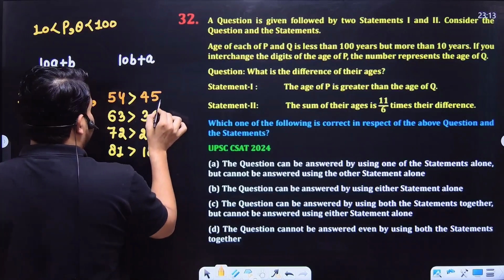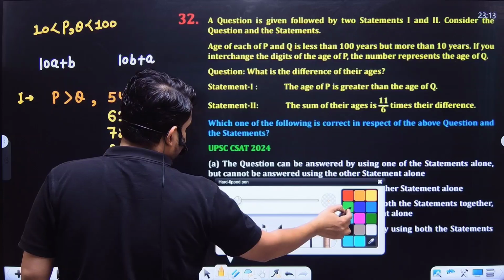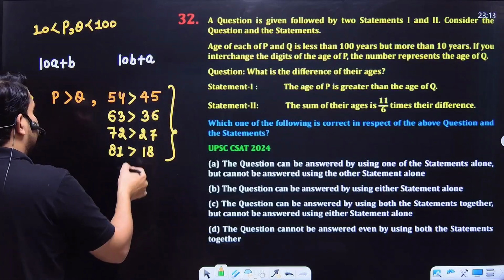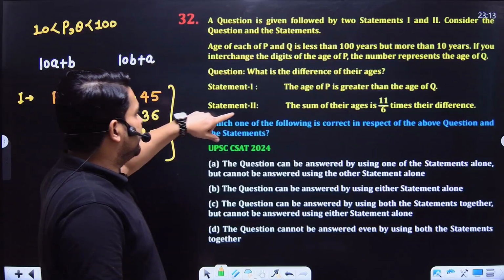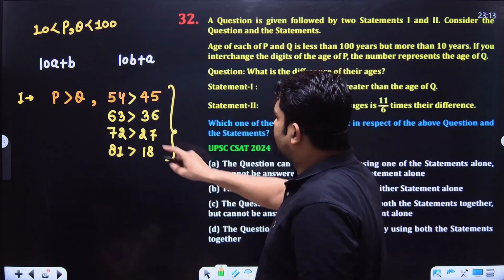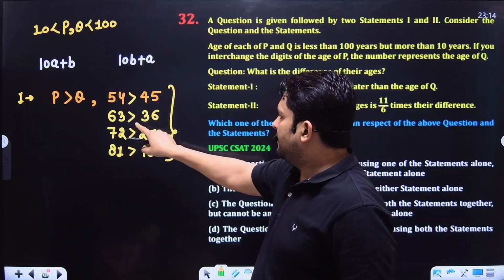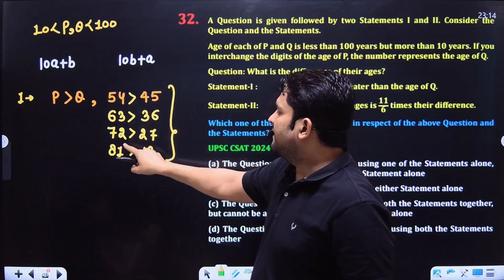So I can take many ages of P and Q to satisfy this statement, that the age of P is greater than Q. Here the age of P is greater than Q, in each case.